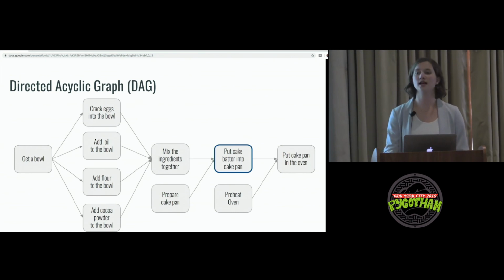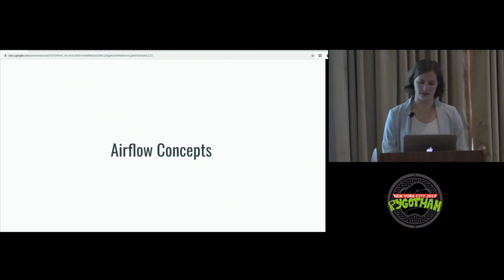And that is completed through the dependency graph. We will never put cake batter in cake pan until we have the batter properly mixed and until the cake pan is properly set up. We don't want to put cake batter in an ungreased pan because then you're going to have very sad cake at the end. Not pretty.